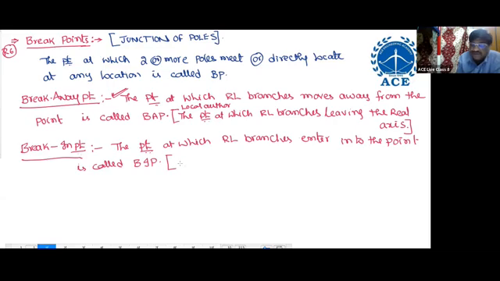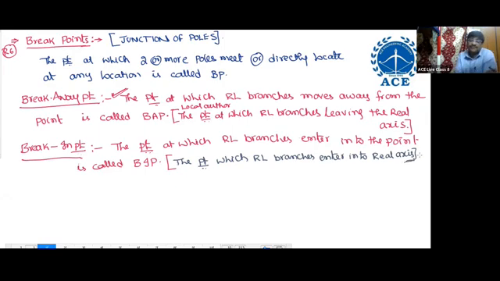According to local authors, the point at which root locus branches enter the real axis is called the break-in point. Okay. So this is the main definition, and this is like local author books.